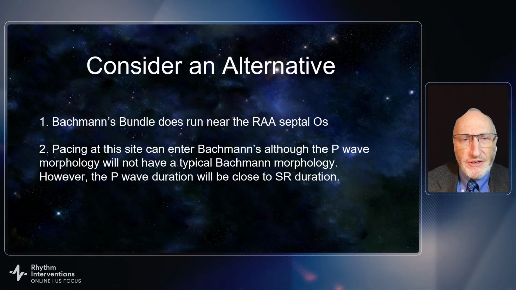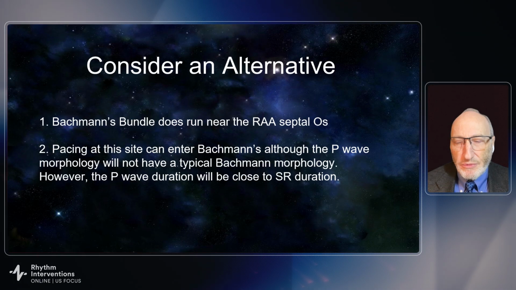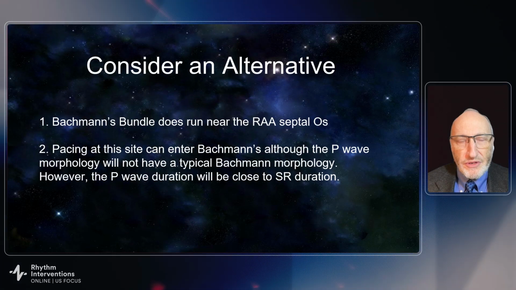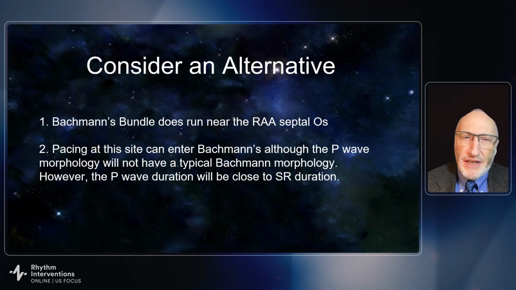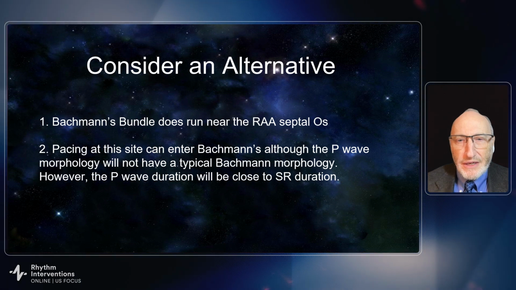So the other area I sometimes use is sort of the atrial anterior septal lip, because if you remember the illustration, Bachmann's bundle does rise slightly posterior to the right atrial appendage, and you can sometimes interact with Bachmann's at that level.